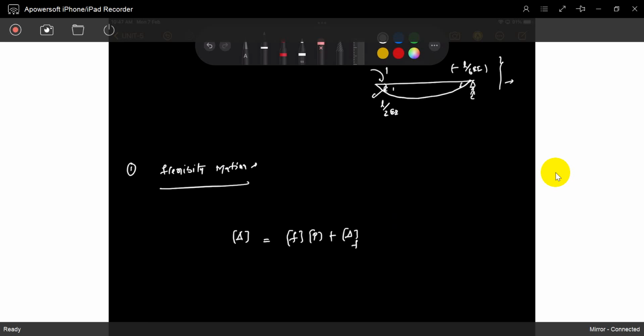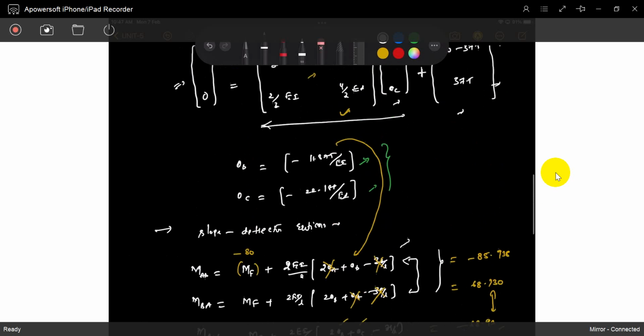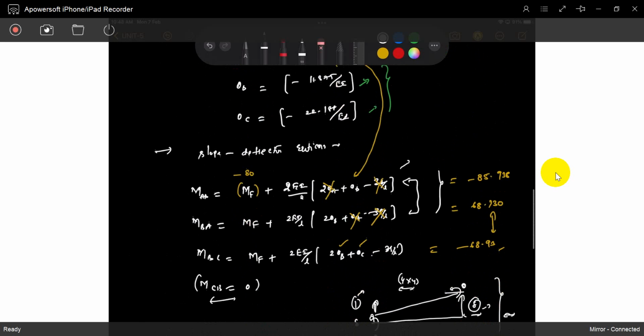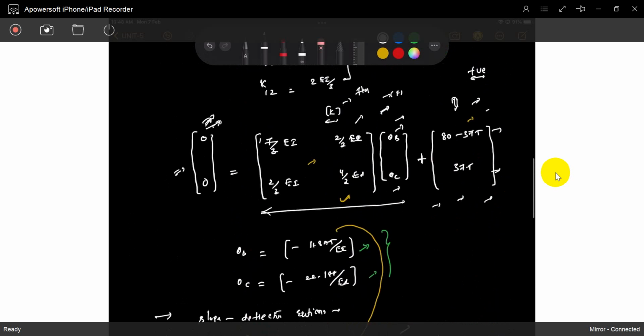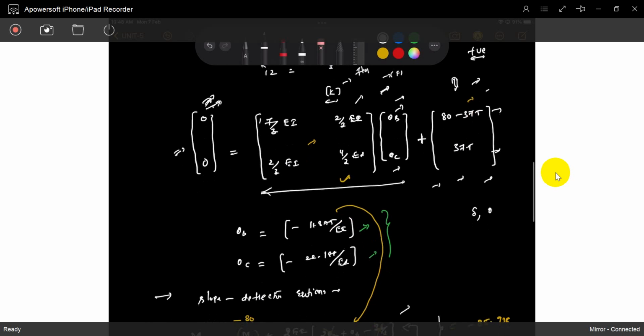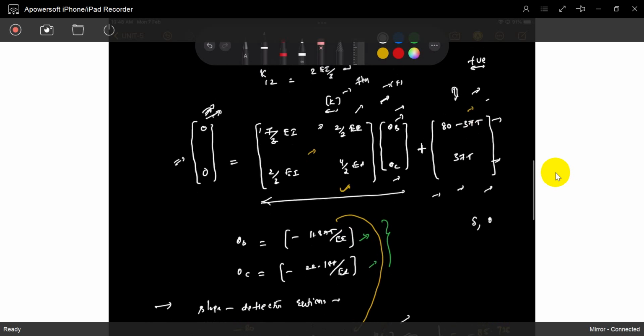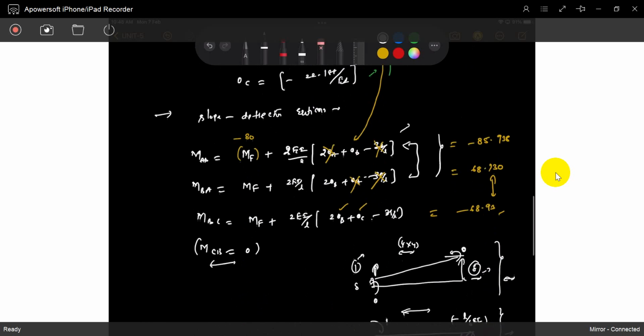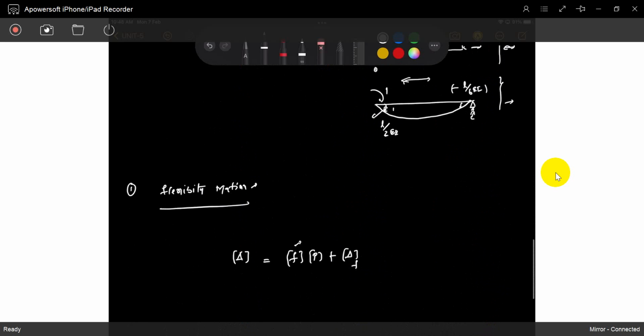What I write exactly here, same thing. Where the forces are, we can take them as deflections or deformations, because vertical deflections and rotations are both there. So I can call it a deformation. Where the forces are there, it's a deformation. In the matrix form you will get deflections.